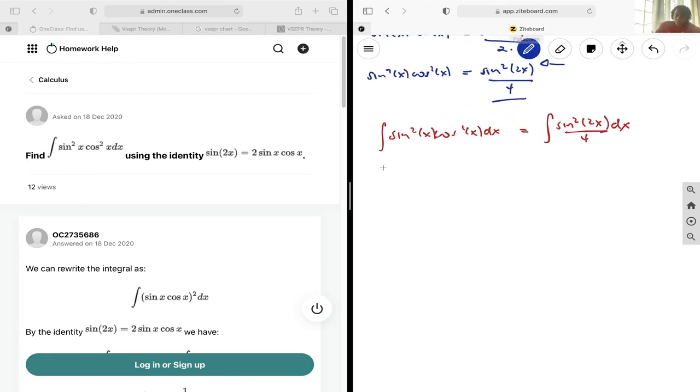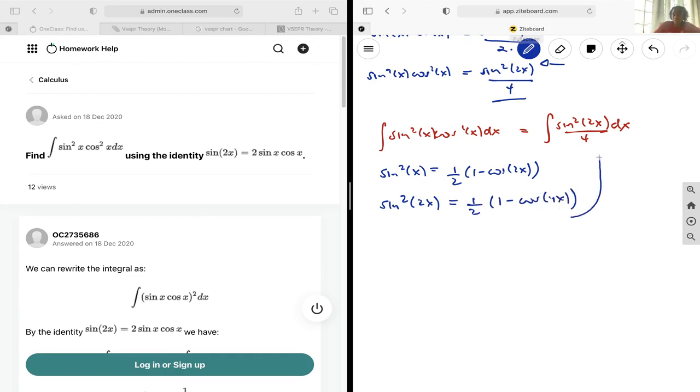the formula that sine squared of x is equal to a half times 1 minus cos 2x. And so this means that sine squared of 2x is equal to 1 over 2, 1 minus cos of 4x.